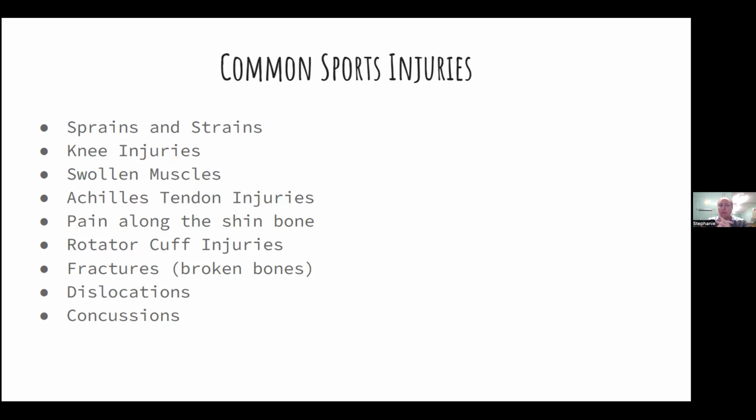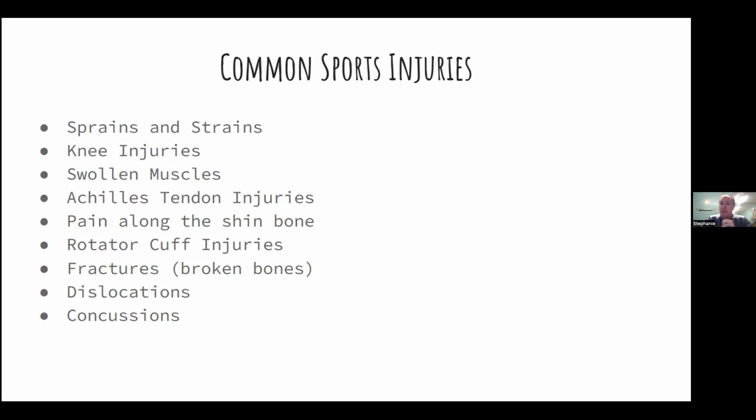Knee injuries can cover a lot. Obviously, swollen muscles, same idea, if you get hit, get a bruise or anything. Your Achilles tendon is the tendon behind your ankle, that strong tendon that kind of sticks out. I know pain along the shin bone is something a lot of people experience, commonly referred to as shin splints, right?